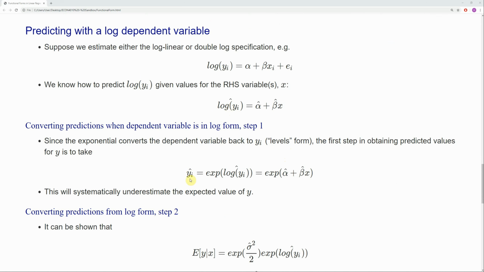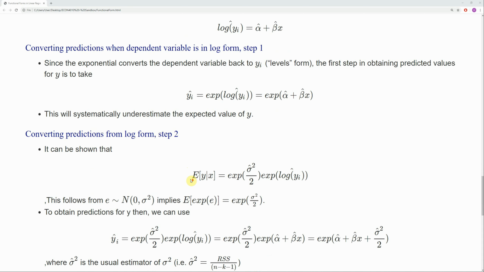That is, yi hat equals the exponential function of log of yi hat, which is equal to the exponential function of alpha hat plus beta hat x. However, this will systematically underestimate the expected value of y in this case.